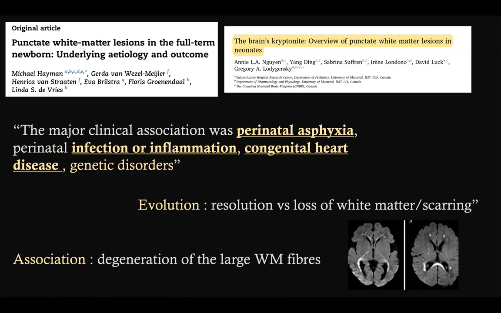There are associations with secondary degeneration of the large white matter fibers. Look at this punctate white matter lesion in diffusion, and the corpus callosum and the posterior limb of the internal capsule are hyperintense in DWI. This is called pre-Wallerian degeneration. Why is it very important?